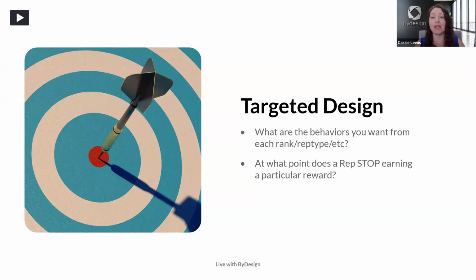So at some point in your comp plan, you're going to stop earning a particular type of bonus. But rest assured, we will have new bonuses that you can start earning. You never want to stop it without replacing it with a different opportunity.